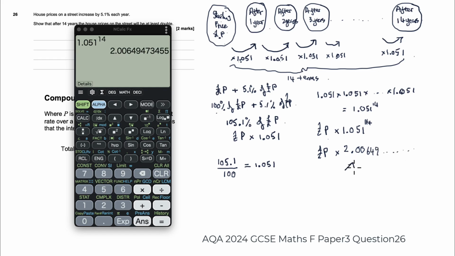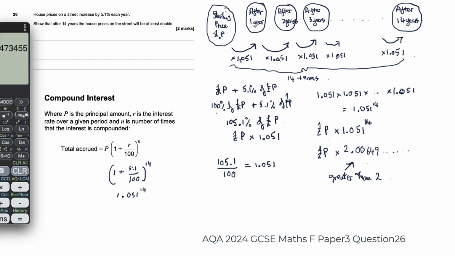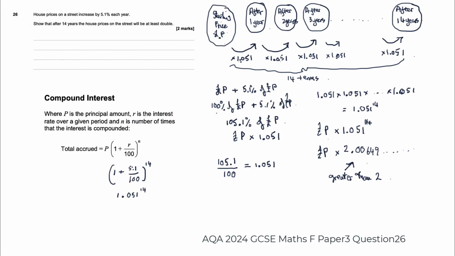So what do we know about this? This number that we're multiplying the initial price by is greater than 2. And that's the crucial thing. The question asks us, show that after 14 years the house prices in the street will be at least double.